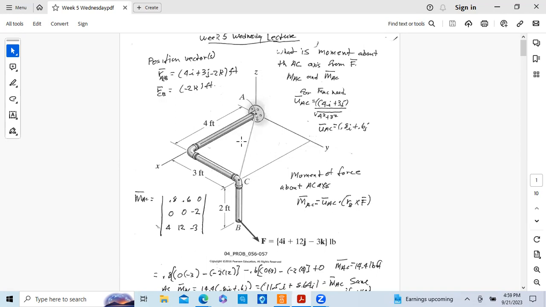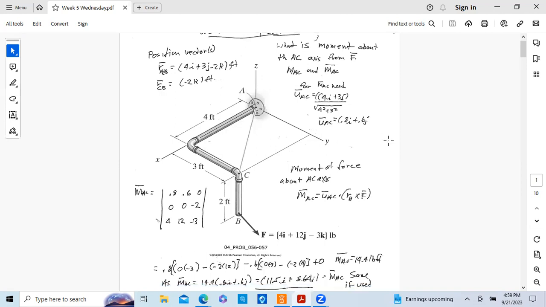That describes this unit vector. So we have 4i plus 3j, and we divide by the square root of 4 squared plus 3 squared. That gives us a unit vector of 8/10 i plus 6/10 j. So that's the unit vector of AC we have here.